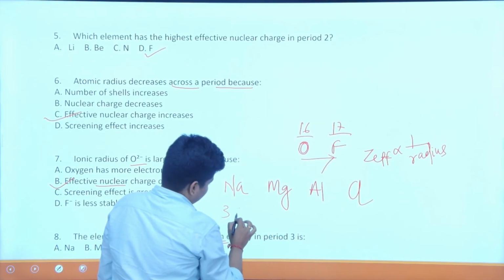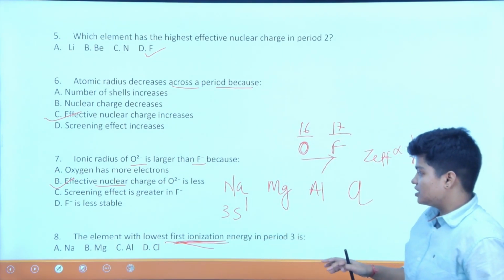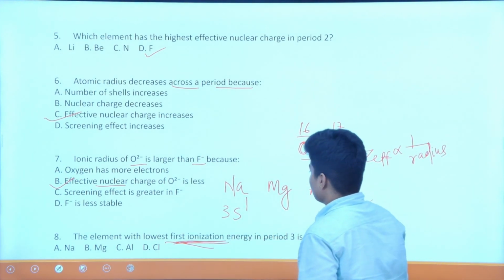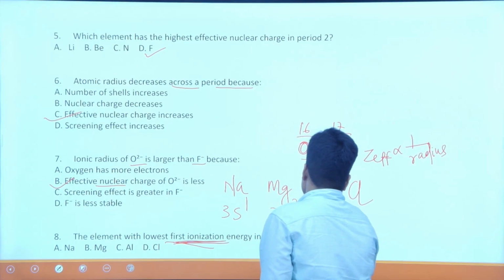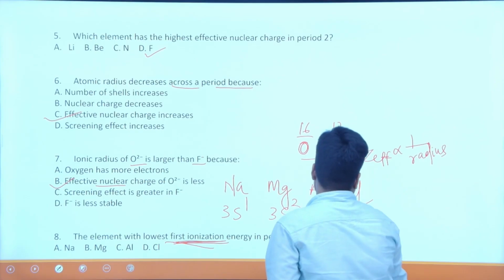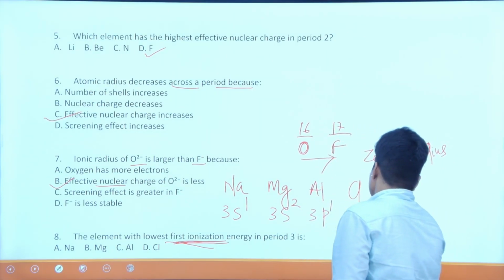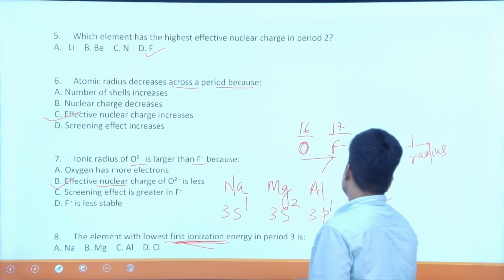Sodium will be 3s1. I am writing only the valence shell electronic configuration, so don't get confused. Magnesium will be 3s2, aluminium will be 3s2 3p1, and chlorine will be 3s2 3p5.